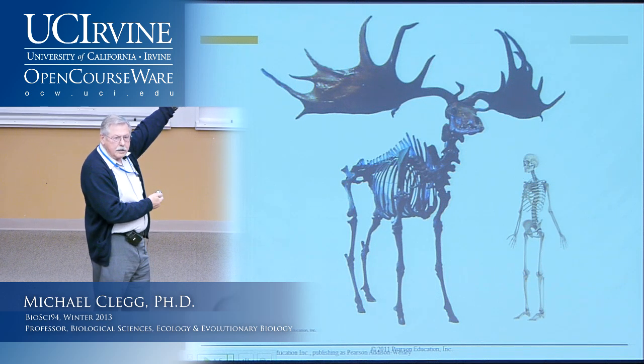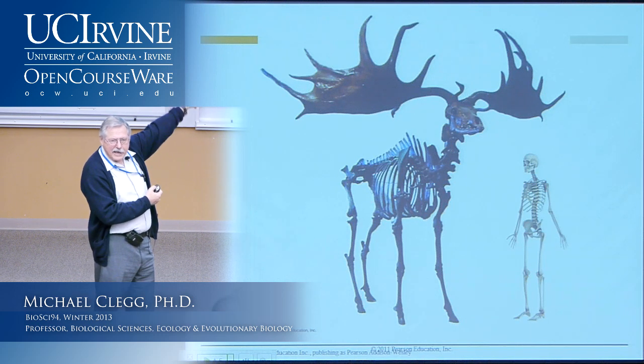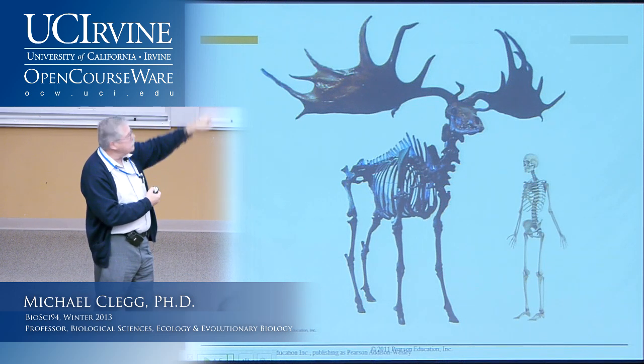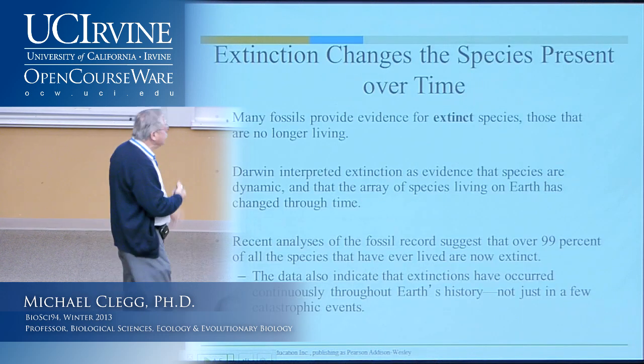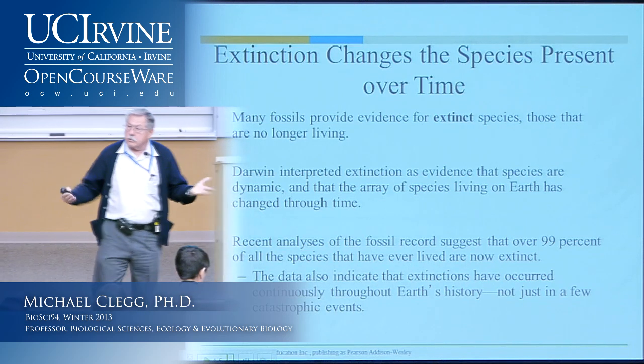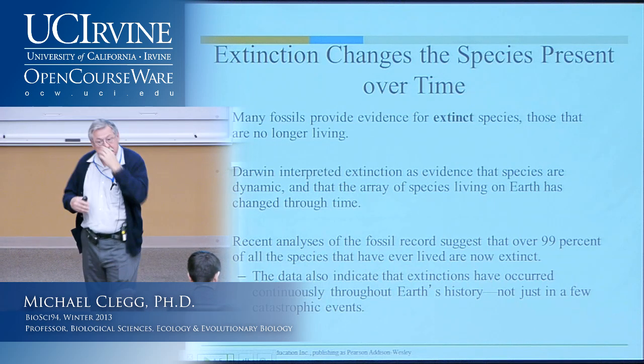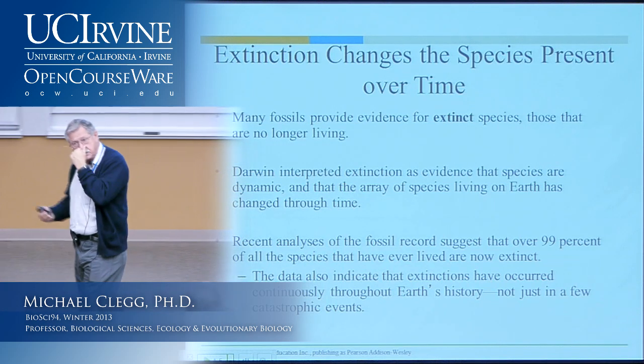A huge elk, so big that if it existed on the Earth, we'd know it. And it doesn't, so it has to have existed at one time and disappeared. For scale, there's a human. Another example are dinosaurs, huge organisms that if they still existed, we would have seen them. So these are extinct organisms. There's no question about extinction.